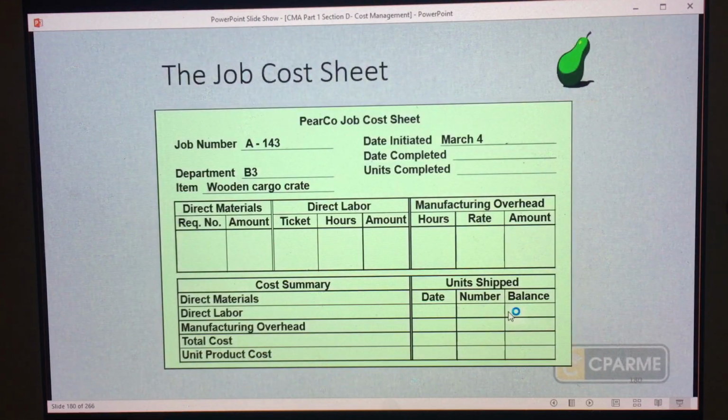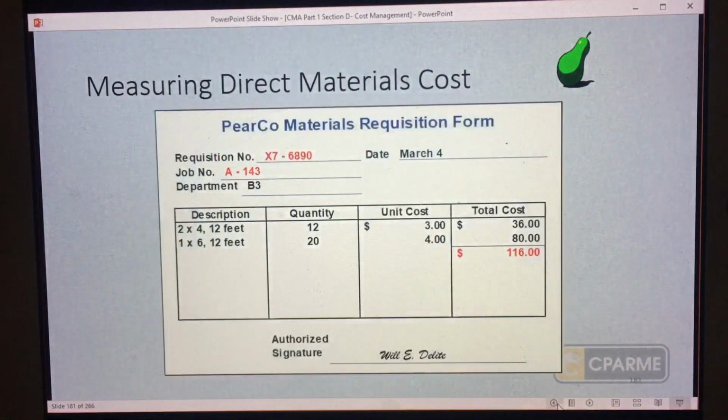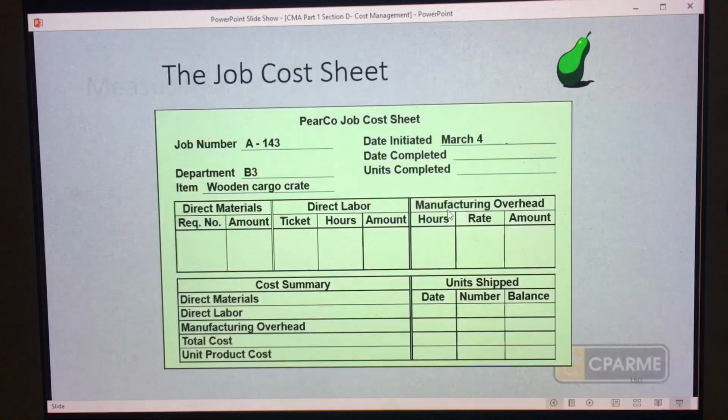This is what a job order cost sheet would normally look like. I'm sure you have come across something like this. Essentially, what we see on a cost sheet is the job number, and when we started the project. If we are strict with the rules and regulations within the manufacturing company, we should have no blank items here. Like, what is the date of completion or estimated date of completion?